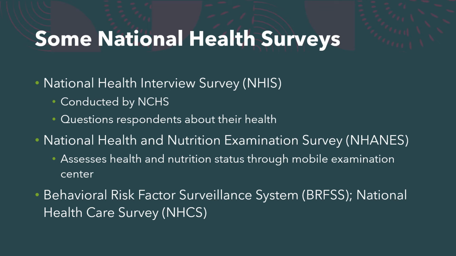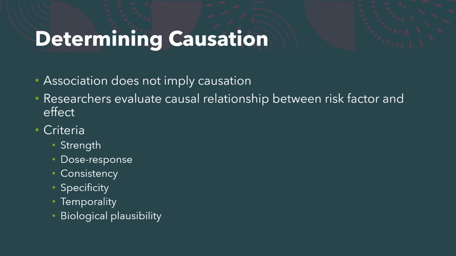So that looks at risk factors for diseases like smoking, sedentary lifestyle, those types of things. And all of these national data sets give us a picture of the health of the population in the United States. And similar surveys are conducted in Canada as well.